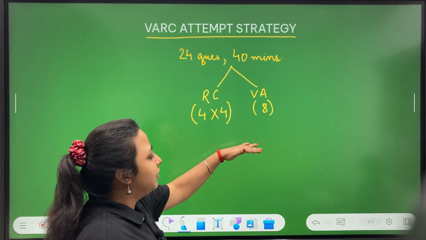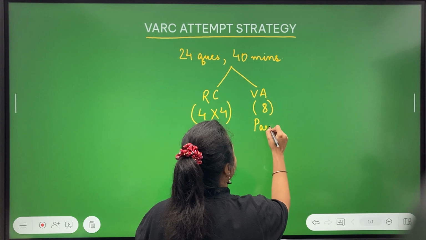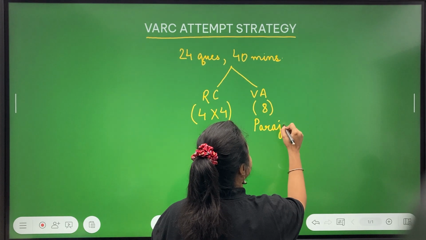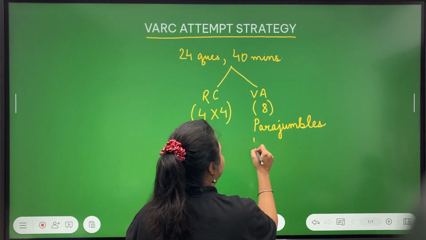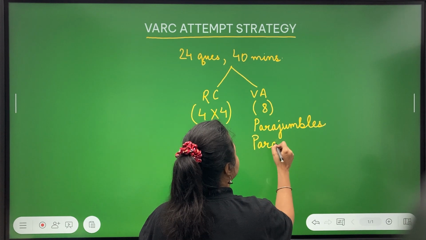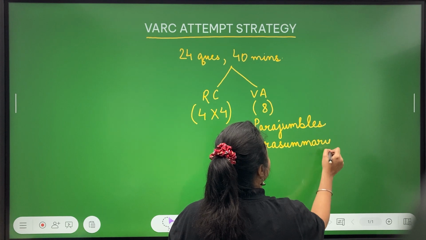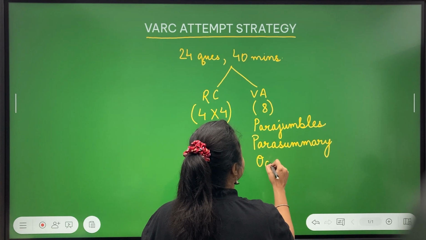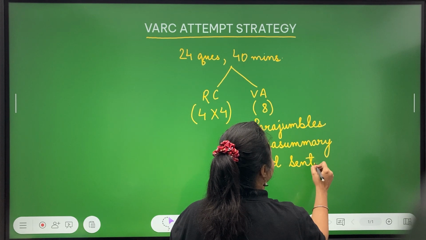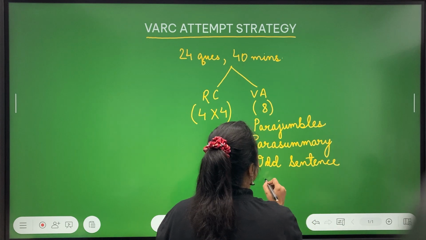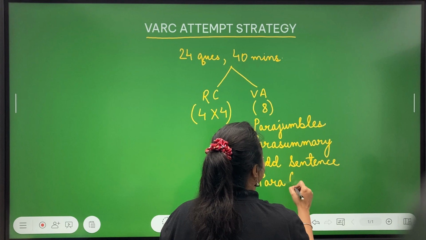Under verbal ability, what were the subtopics? You had para jumbles, para summary, odd sentence, and para completion.